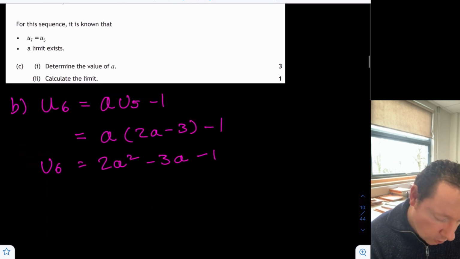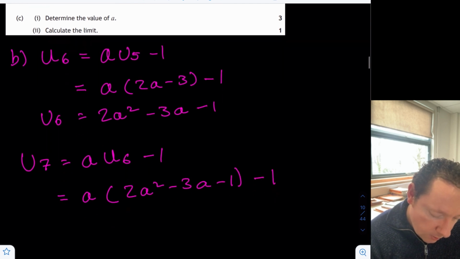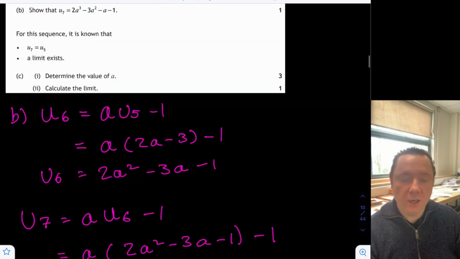And now we need to do u7. Well, u7 is going to be a times u6 minus 1. So that is a times 2a squared minus 3a minus 1, take away 1. Multiplying the brackets out, we get 2a cubed minus 3a squared minus a minus 1. And there's our u7.